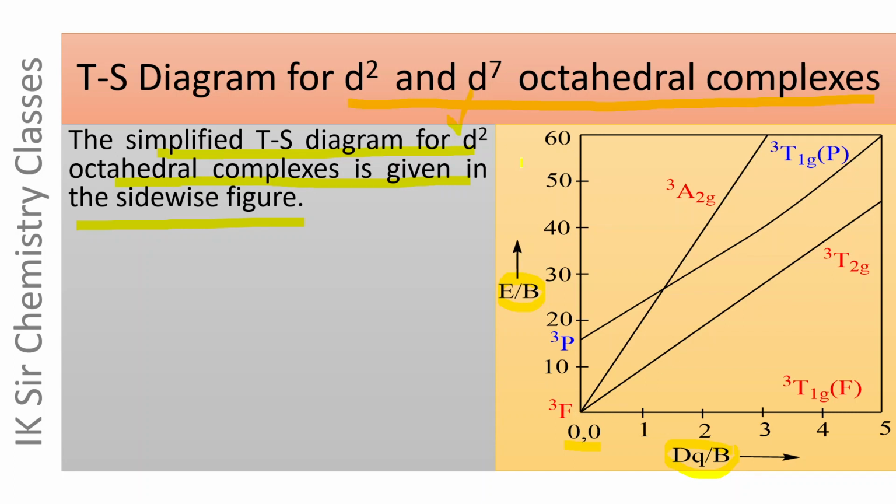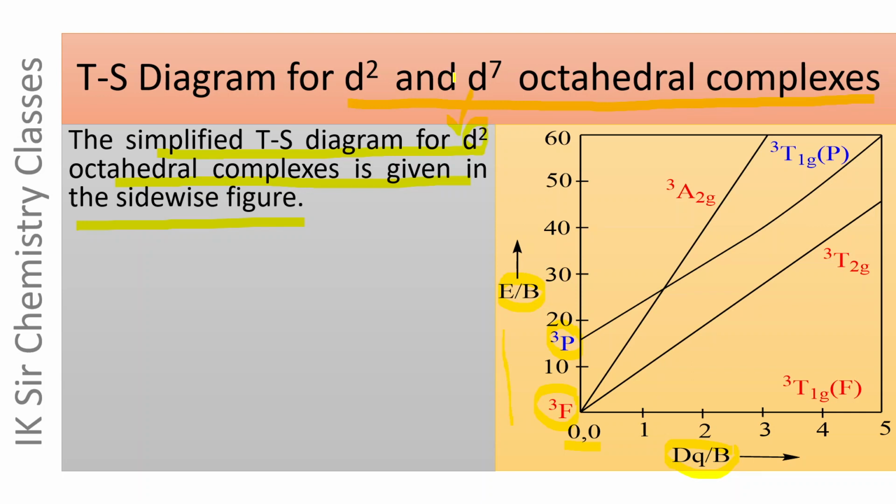The ground state for D2 metal ion is triplet F and the excited state is triplet P. These two states have the same spin multiplicity. These are the spectroscopic states having the same highest spin multiplicity for transition metal ion with D2 electronic configuration.